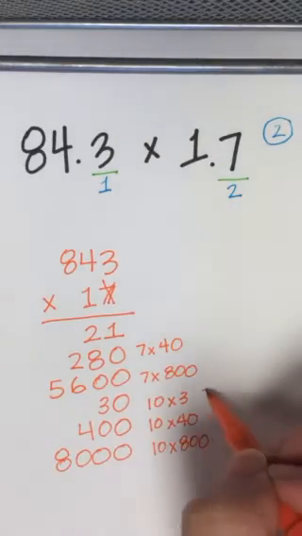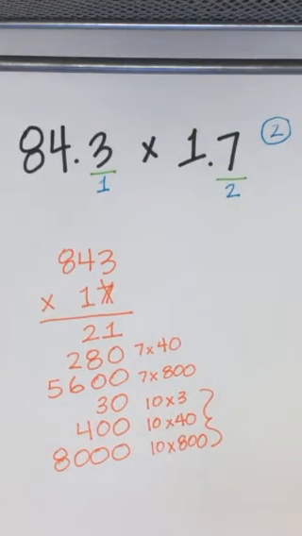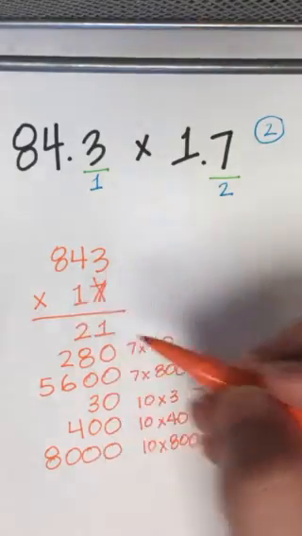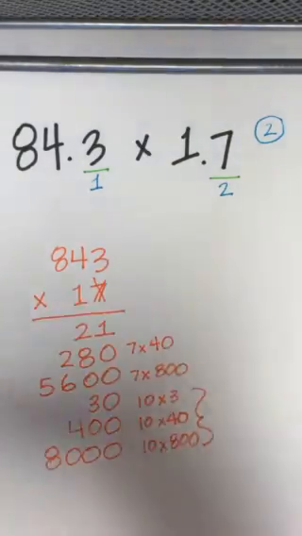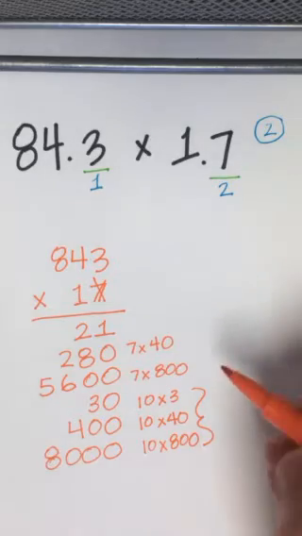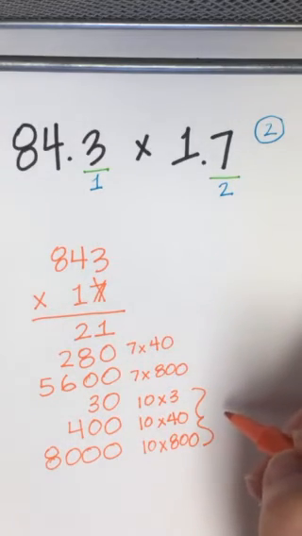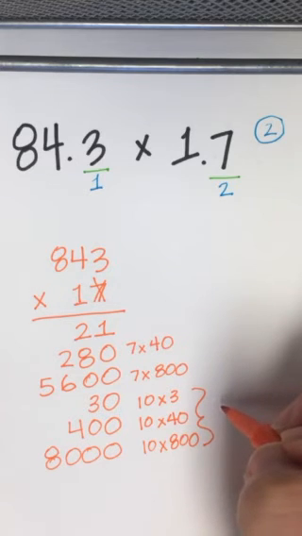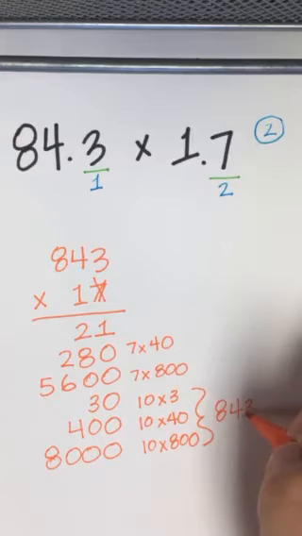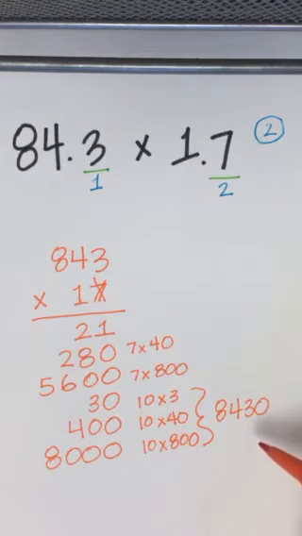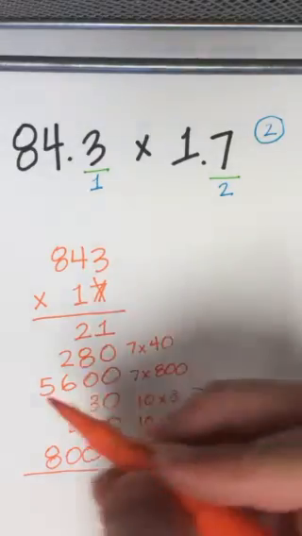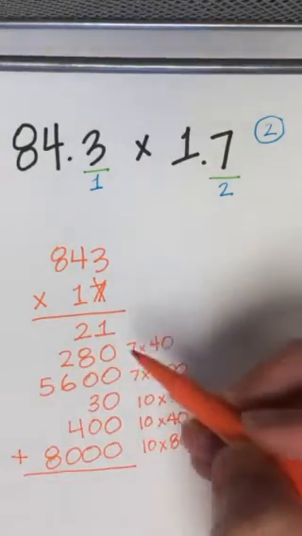Now, you could also see in this step that 10 times any number is that number just moved over a place value by adding a 0 at the end. So instead of multiplying each one of these out, I could have known that 10 times 843 is 8,430 and just gone ahead and added that 0 to the end. Either way, it's partial products, however you need to do it.